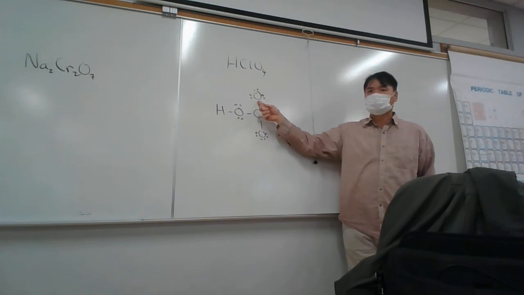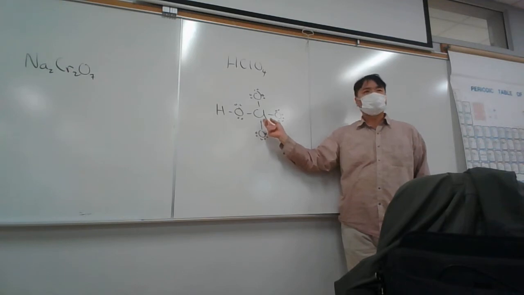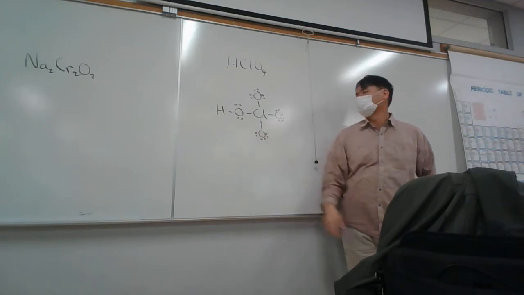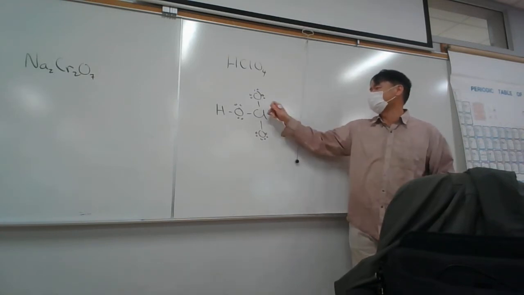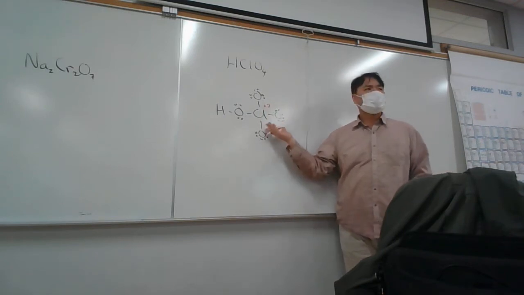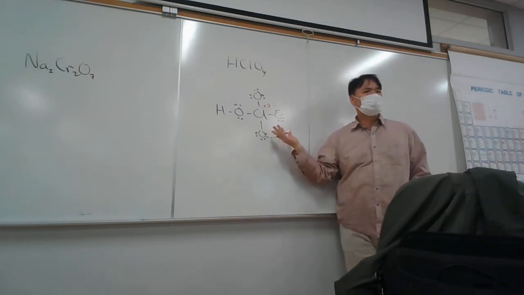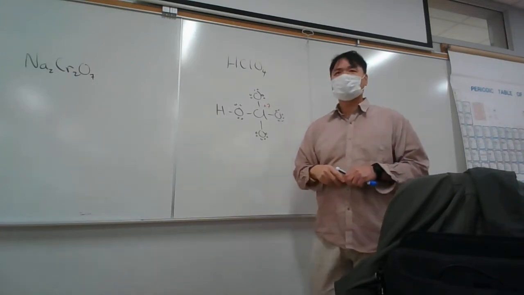This oxygen, minus 2, minus 2, minus 2, which makes chlorine plus 7. So the oxidation state on this is plus 7, which makes this electron poor or electron rich? Electron poor. It's very poor.